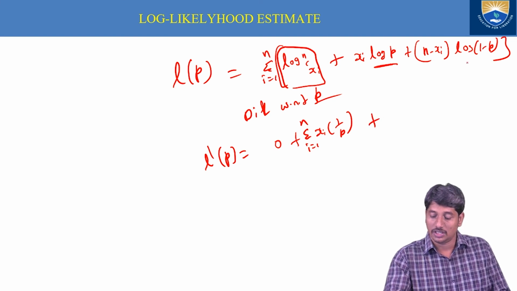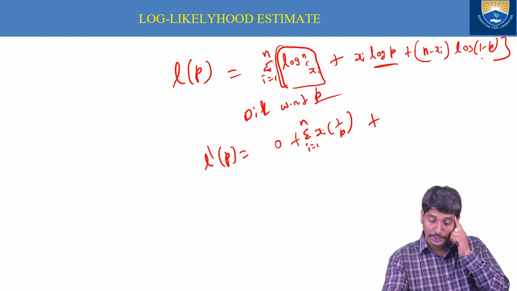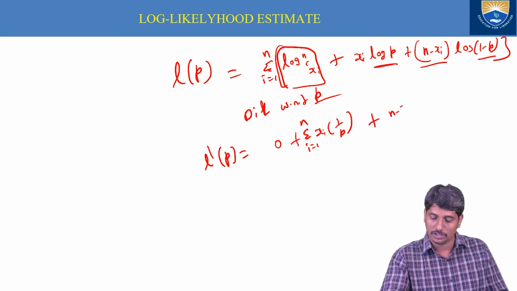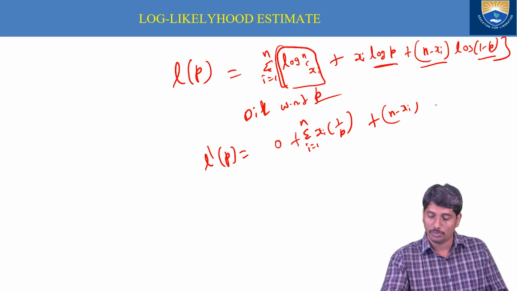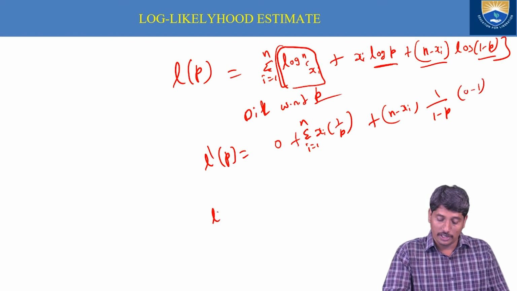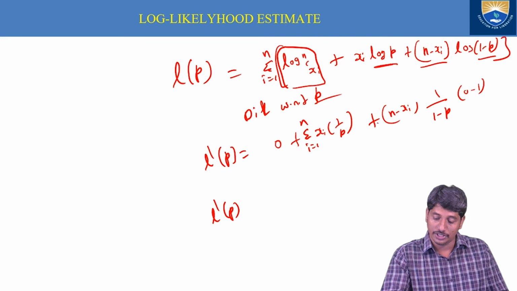Plus here you are differentiating with respect to p. This is constant, and a constant can be written outside. And for log (1 minus p), by using the chain rule, 1 by (1 minus p), and the inside derivative will be 0 minus 1.